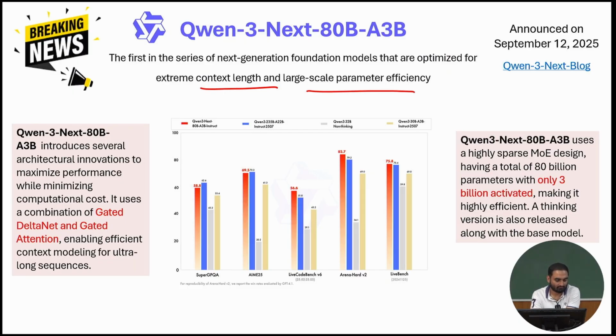In the model they came up with two modifications. The first one is gated delta net and the second one is gated attention, right? Gated delta net, some of you know, basically looks at the delta difference between two representation outputs. If you look at two consecutive layers and their outputs, you can measure the delta, the difference between two representations, and the model tries to learn the difference, not the actual representation.